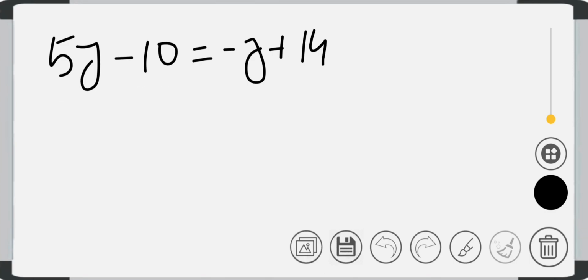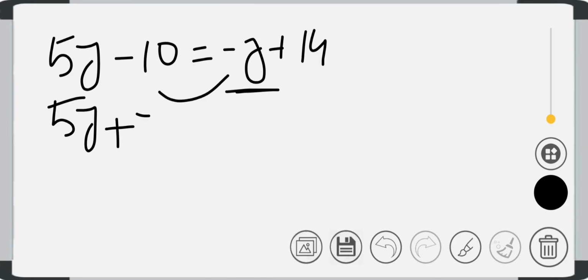Now what we're going to do is solve the like terms first, and we're going to transfer the stuff. 5y can only be added or subtracted from y, the same variable. So we're going to transfer this y over here. It becomes plus y.